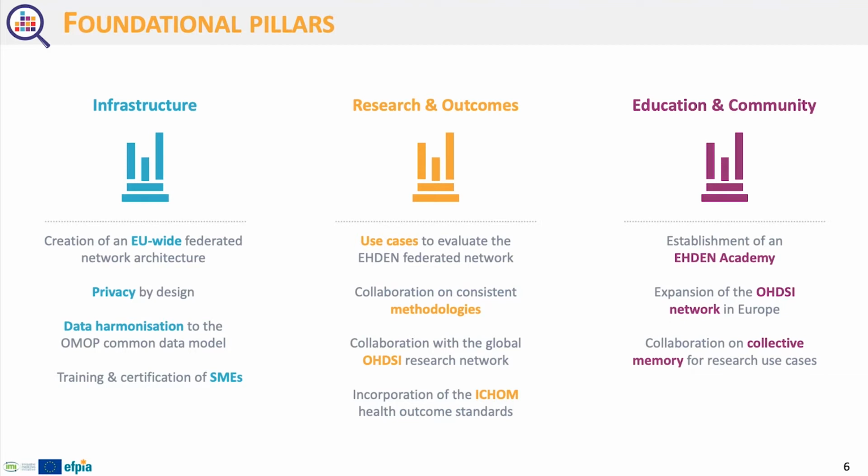It has privacy baked into its design and data harmonization using the common data model. And is also based upon training and certifying SMEs in order to assist with the process. It's based on research and outcomes where we have cases to evaluate the value of the EHDEN federated network. And it's based on collaboration to ensure that there are consistent methodologies used.